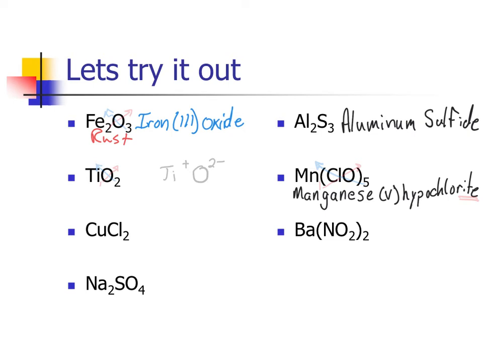If I write a +2 here, I'm not going to get that formula. Because if I have that +2 there, the charges would cancel out. So I'm stuck in a conundrum. What happens?